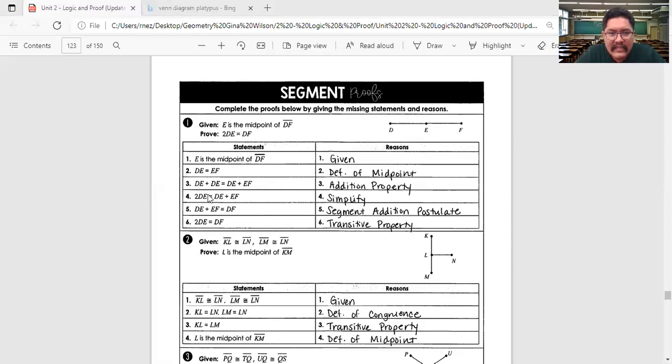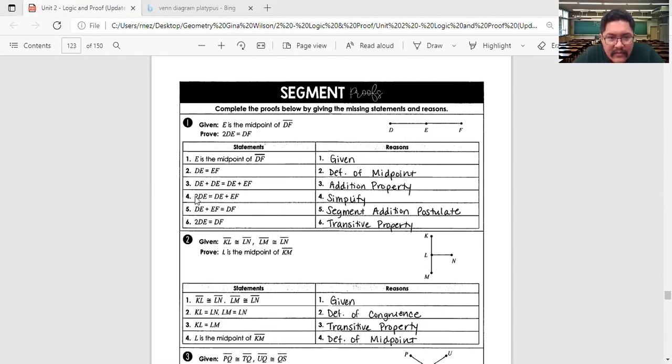Since I have DE on the same side, if I combine them, that would just make it 2 DE. Then from here, we would have DE and EF, which so far there's not anything we can do. Those are not like terms. In order to be like terms, remember, it has to have the same variable, same letters.